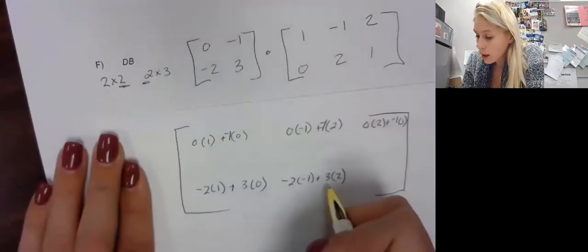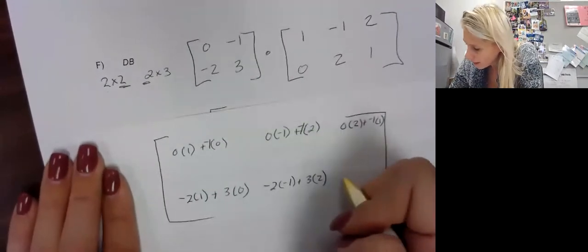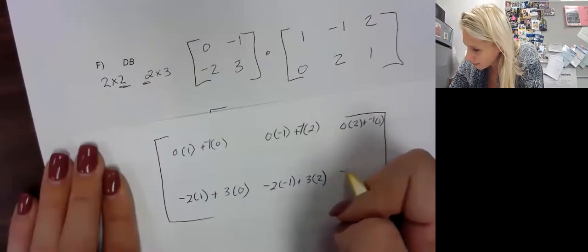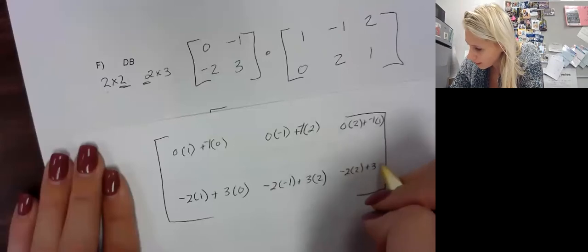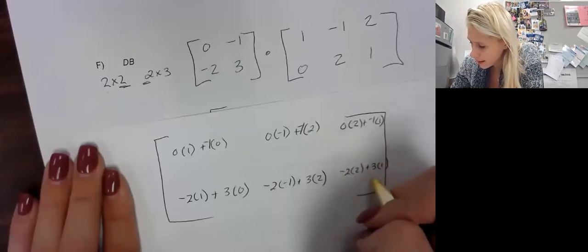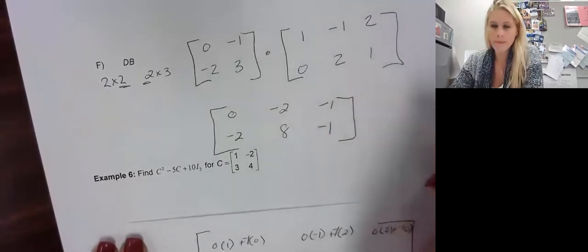That's 2 plus 6 is 8. And then our last one, -2 times 2 plus 3 times 1. -4 and 3 is -1.